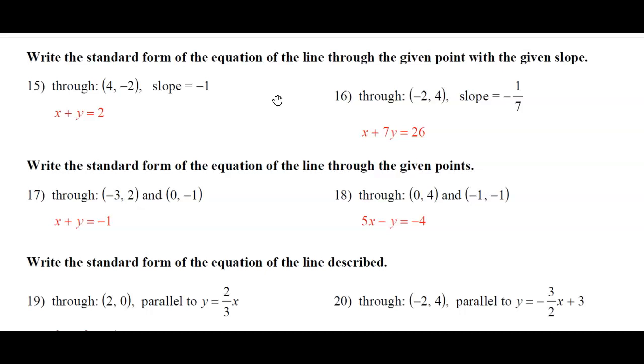So slope-intercept would have given you y equals negative x plus 2. And here you would have had y equals negative 1 over 7x plus 26 over 7. 17, it would have looked like y equals negative x minus 1.